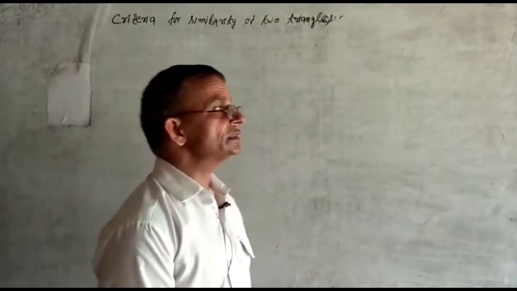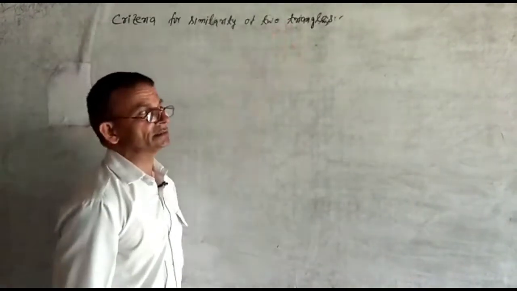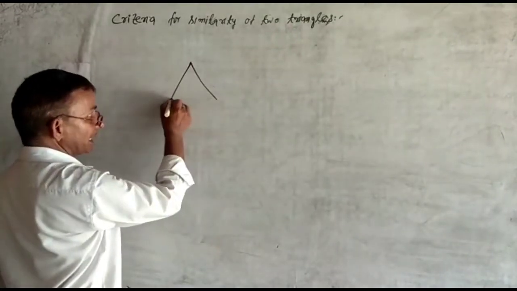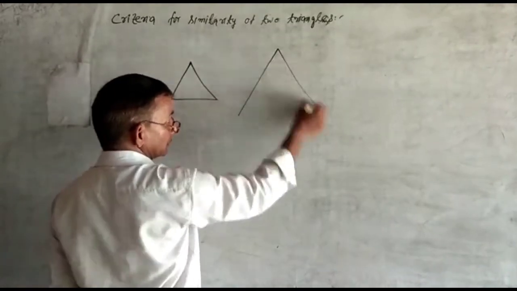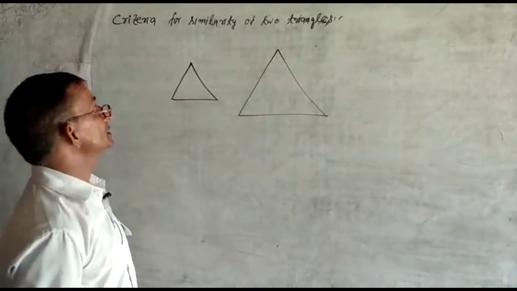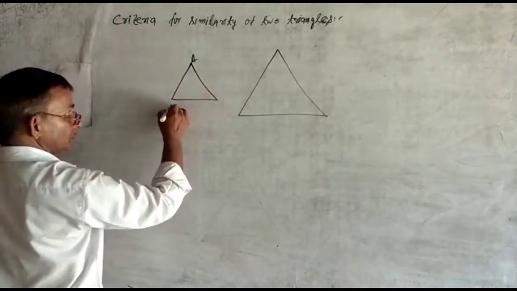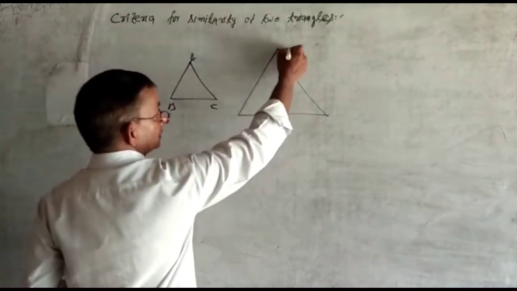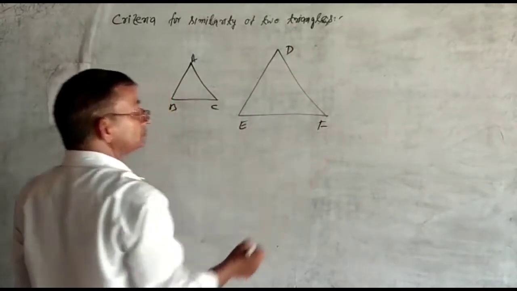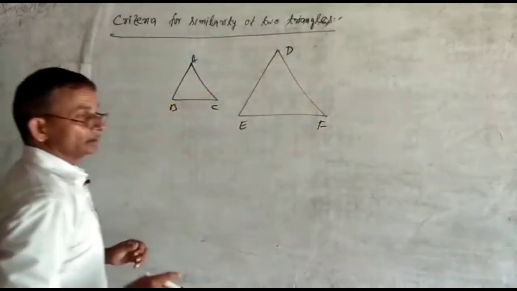Now I am going to focus on criteria for similarity of triangles. We know that two triangles having the same shape but different size are known as similar triangles. Suppose first is triangle ABC and other is triangle DEF. Criteria for similarity of two triangles we are going to teach.